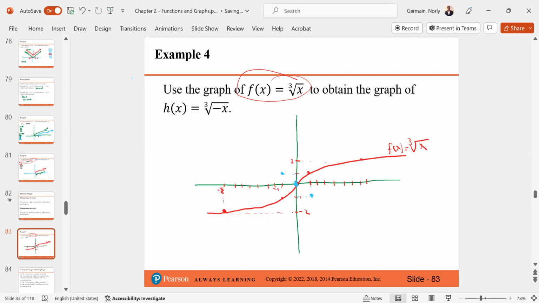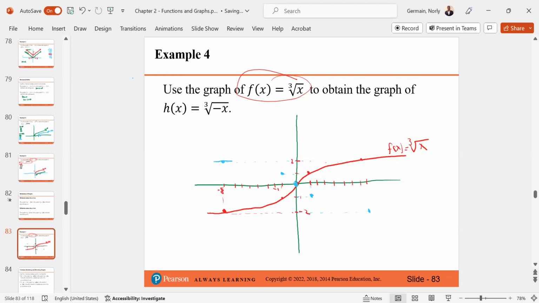The same way, if x is 8, the cube root of -8 would give us -2. If x is -8, negative gives you positive. The cube root of +8 would be negative 2.